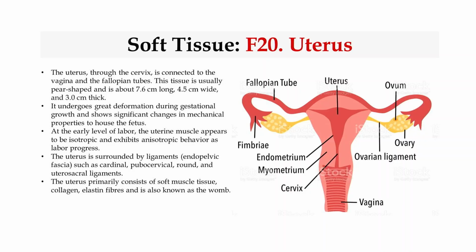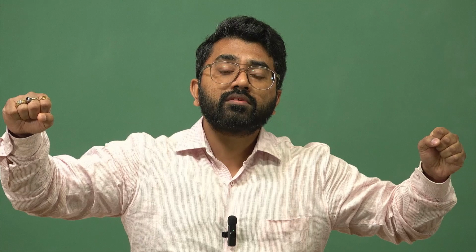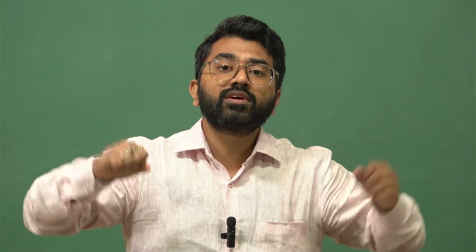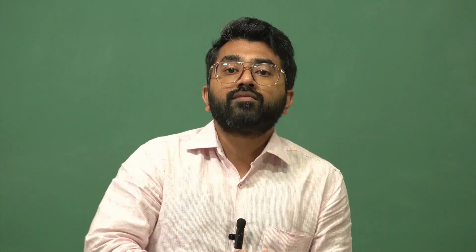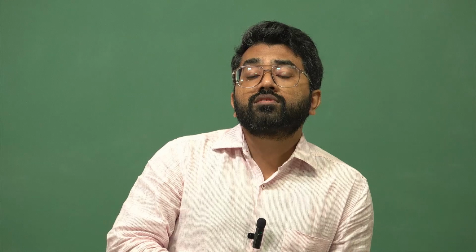The uterus is surrounded by ligaments such as endopelvic fascia, such as the cardinal, pubocervical, round and uterosacral ligaments. So these are different ligaments which hold the uterus or fix it at different points with the other tissues and the bones, right?